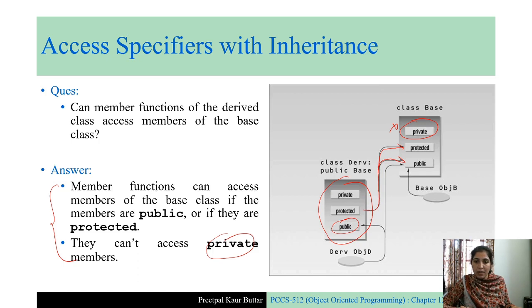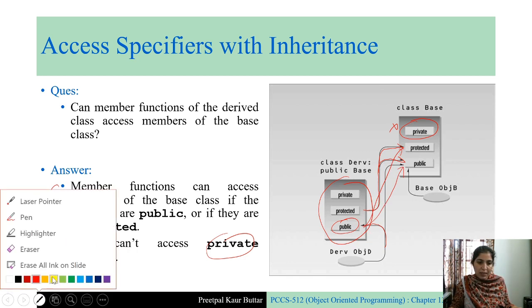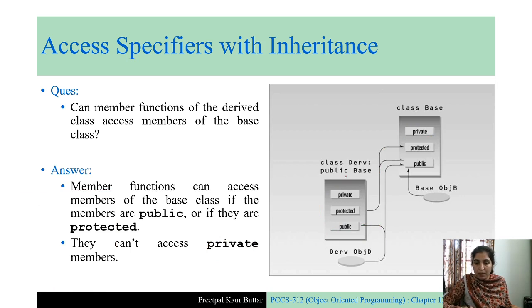Public members, they can access the protected members of this class. This is not shown here. They can also access the public members of this class. Okay, so let me erase it and explain it again. So public members of this class, they can access the protected members and the public members of this class.